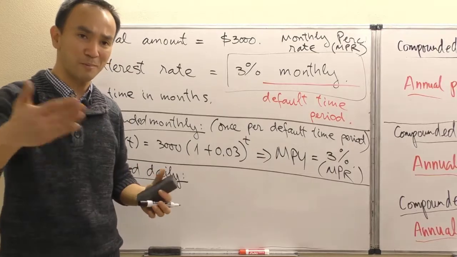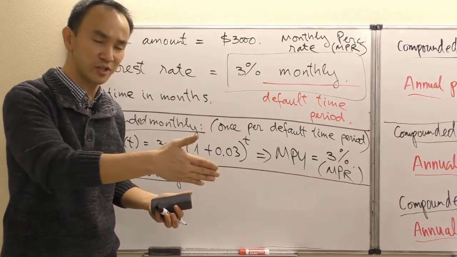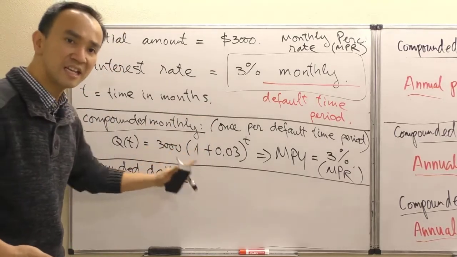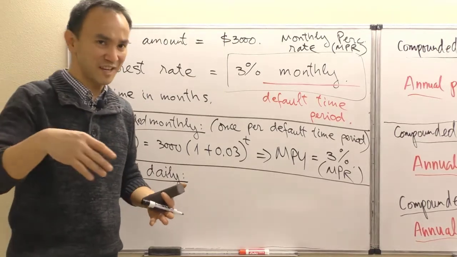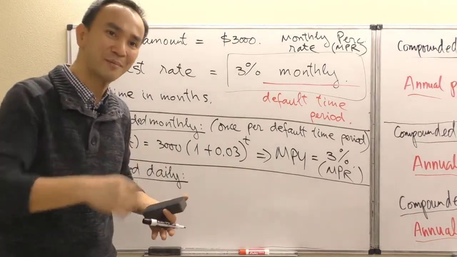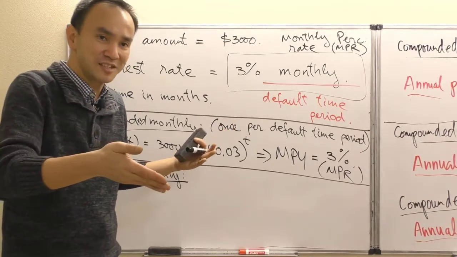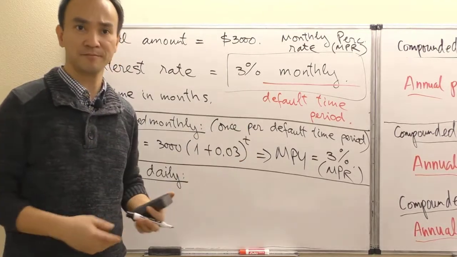Because when people need to calculate the interest on a daily basis, it's a little hard to do the division, because are we dividing by 31 or are we dividing by 30? Some months it's 31 days, some months it's 30 days, and even some months there are only 28 days.